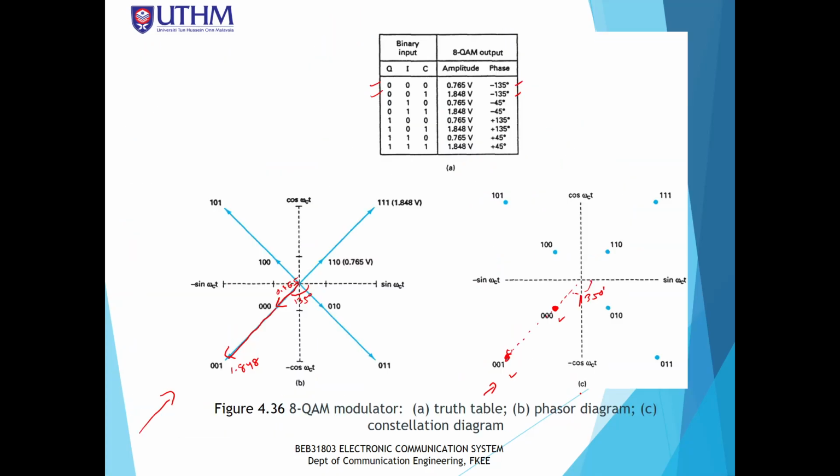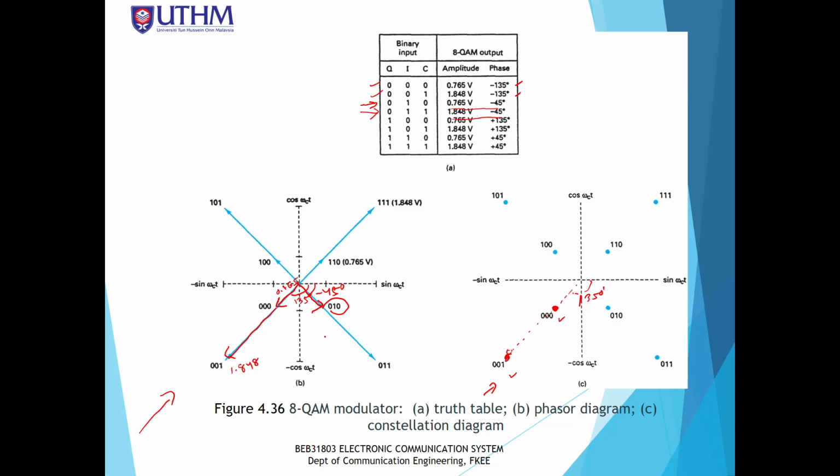And if you want to see the diagram, in the truth table we produce the third and fourth inputs: 0.765 volt minus 45 and also 1.848 minus 45. If you see the phasor diagram over here, for the third input 0 0 1 0, this is minus 45.